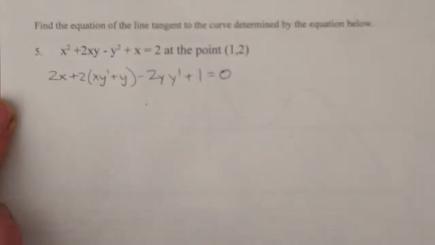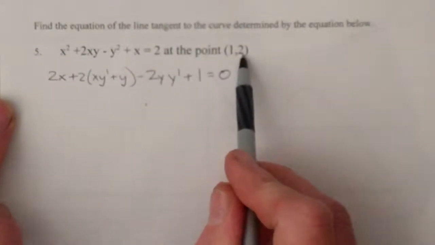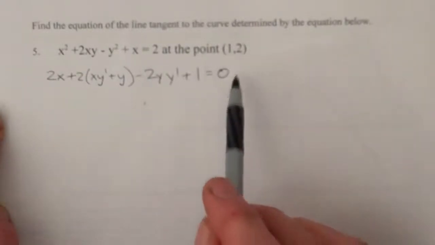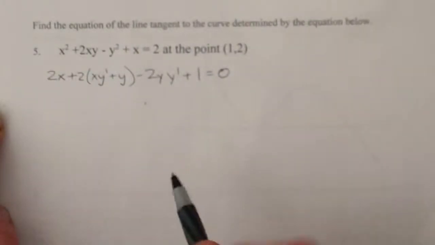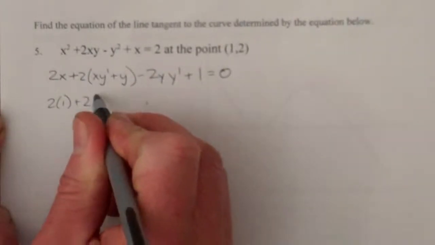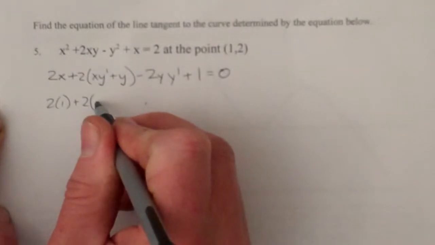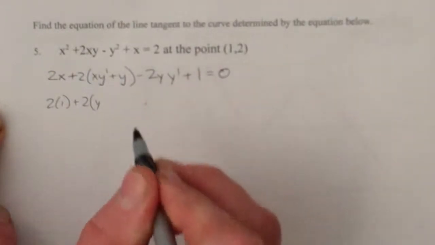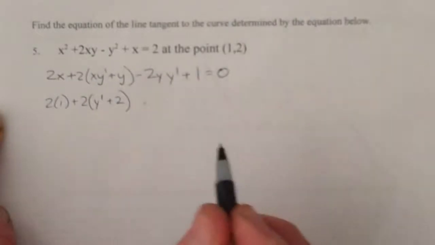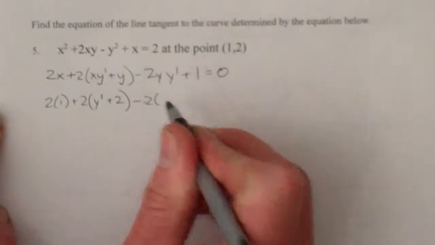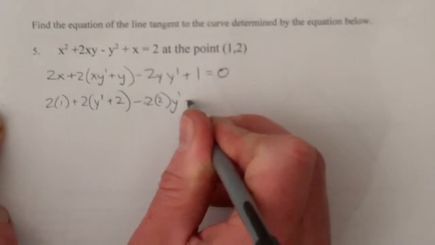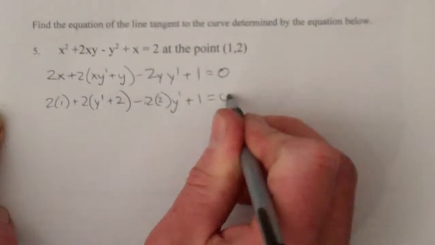All right? Well, we know what x and y are. We're only after y prime. So this is a really smart time, I think, to substitute in those values. So that's 2 times 1 plus 2 times, and that's y prime. That's just 1 times y prime is y prime, plus 2 minus 2 times 2, and then that's y prime, plus 1 equals 0.